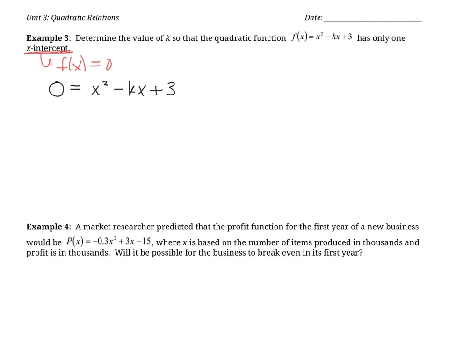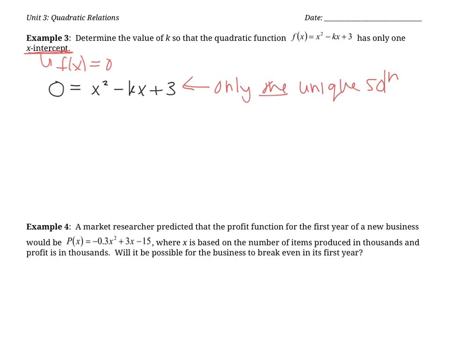And now we're ready to use the second piece of information we were given, which is that it has only one x-intercept, which means that this equation here has to have only one unique solution, or two equal solutions. We can tell that just from the discriminant.